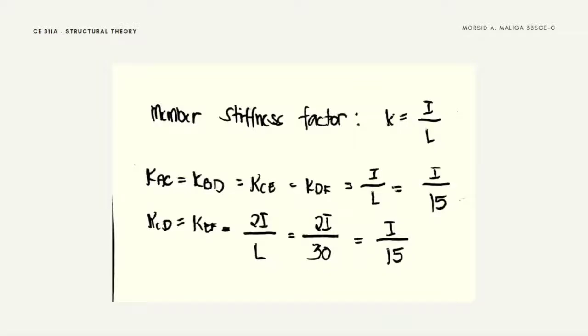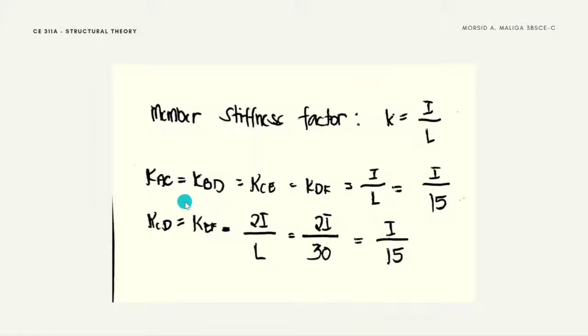The relative bending stiffness, k, of a member is obtained by dividing its bending stiffness, K, by 4E. Thus, relative bending stiffness of the beam of this problem is given by k is equal to K over 4E, which is also equal to I over L, or inertia over the length.